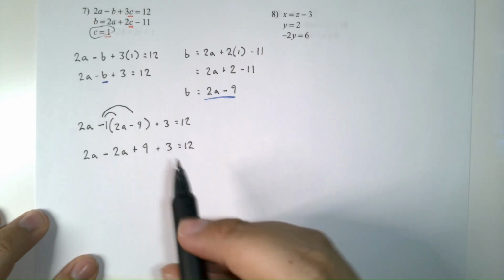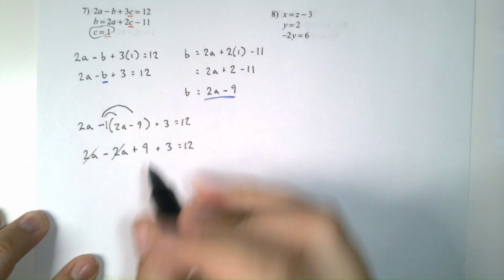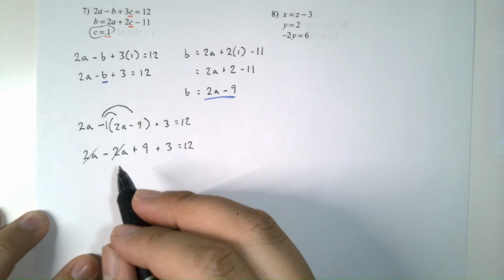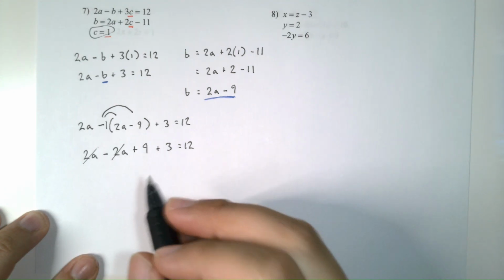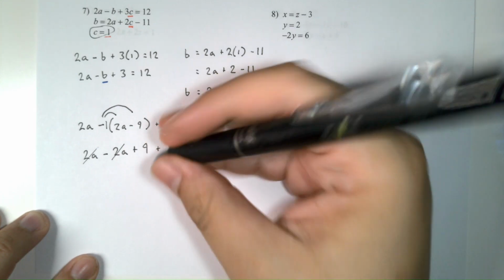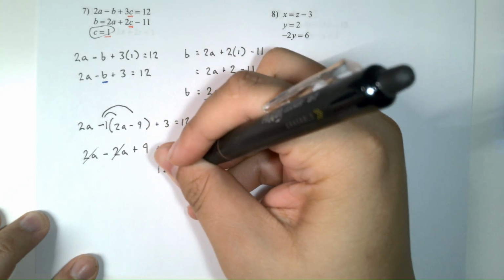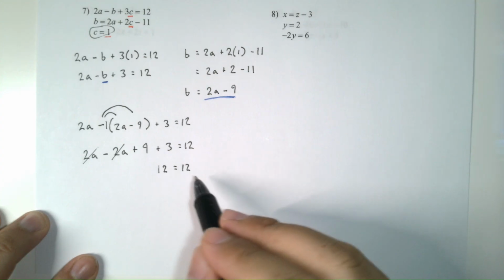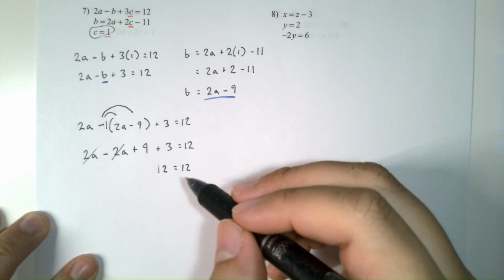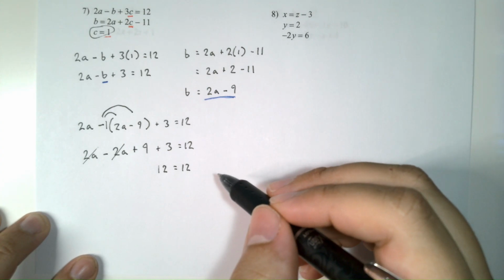If we combine like terms, we have 2a minus 2a, and that's going to cancel out. So all we're going to be left with is 9 plus 3, which is 12, but that's also equal to 12. We don't have any variables left here. It's just 12 is equal to 12.